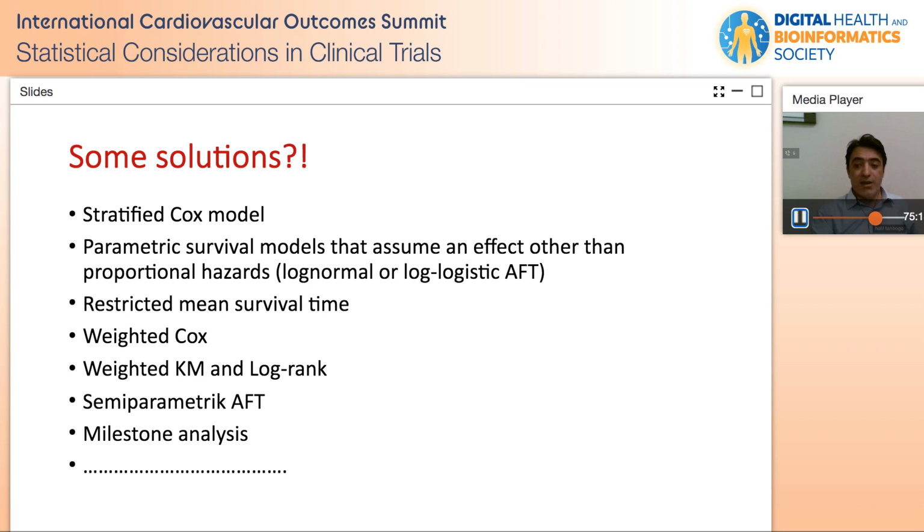The most encouraged and promising method in this regard is restricted mean survival time. And in my opinion, the log-normal and log-logistic parametric models that assume an effect other than proportional hazard may also be the proper method of choice.